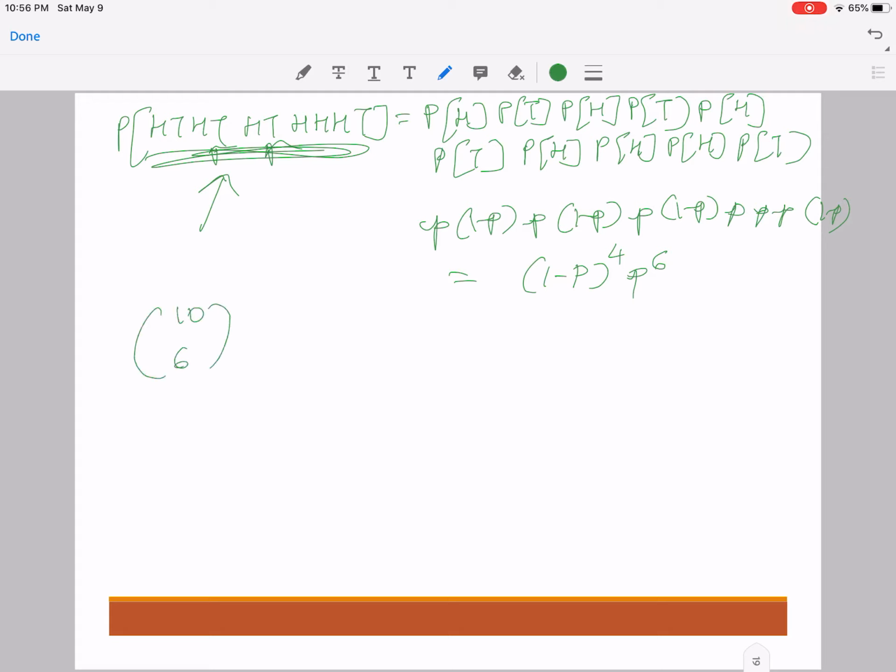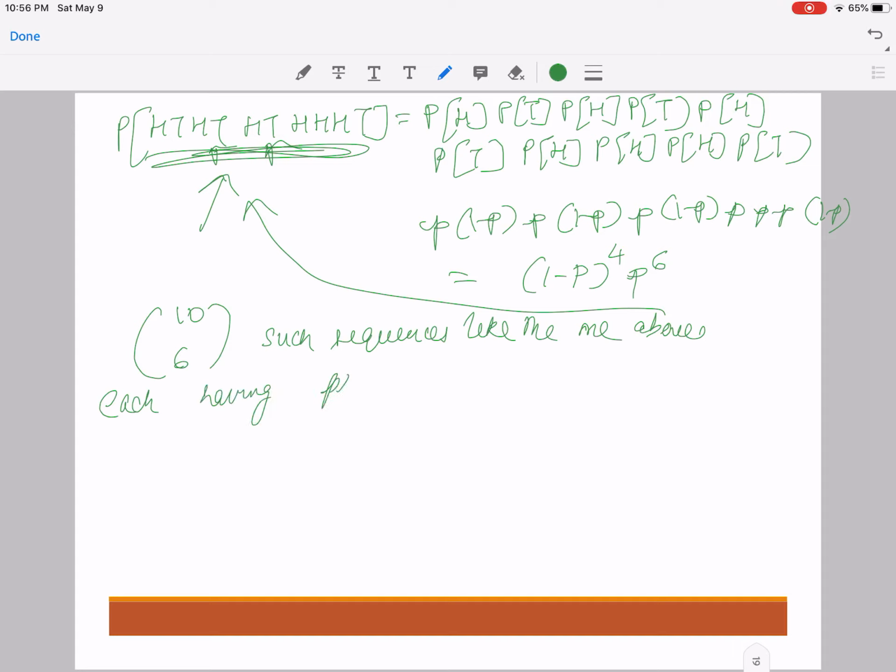So there are 10 choose 6 such sequences like the one above, each having probability equal to 1 minus P to the 4 times P to the 6, because there are 6 heads and 4 tails.